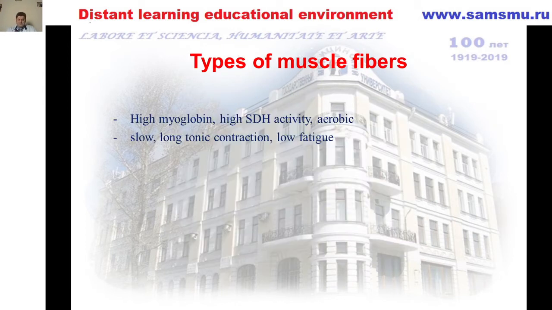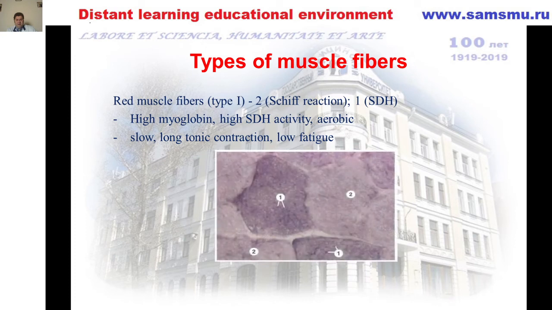But now we will talk about three main types of muscle fibers. Type 1. Type 1 fibers are red muscle fibers, characterized by a high content of myoglobin in cytoplasm, which gives them a red color, a large number of sarcosomes, a high activity of oxidative enzymes, succinate dehydrogenases, and a predominance of aerobic processes.